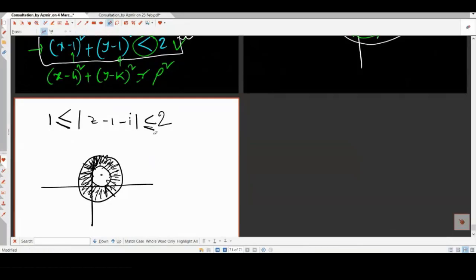Suppose we have equal only on the left side, but less than on the other side. For this case, the region will touch the first circle, but will not touch the second circle. So this is how we can think about it.